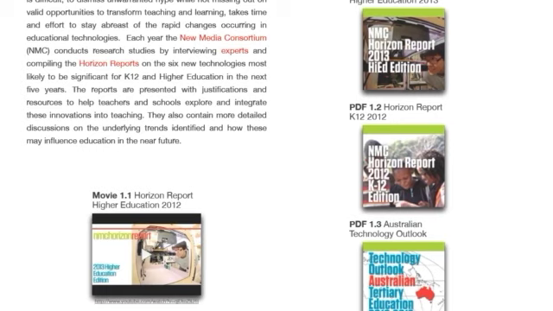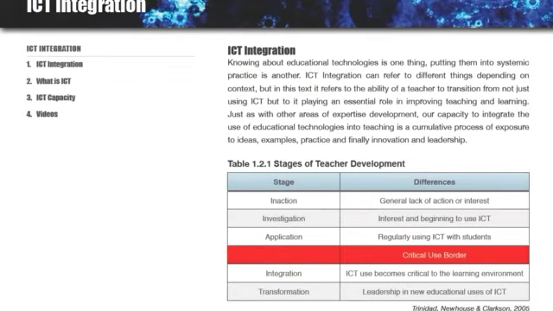I've been an advisor on those reports for the last 4 or 5 years now, and we're just finishing up the latest higher education one for Australia this week. So, there's some ways of keeping up to date with what could be happening in the future.